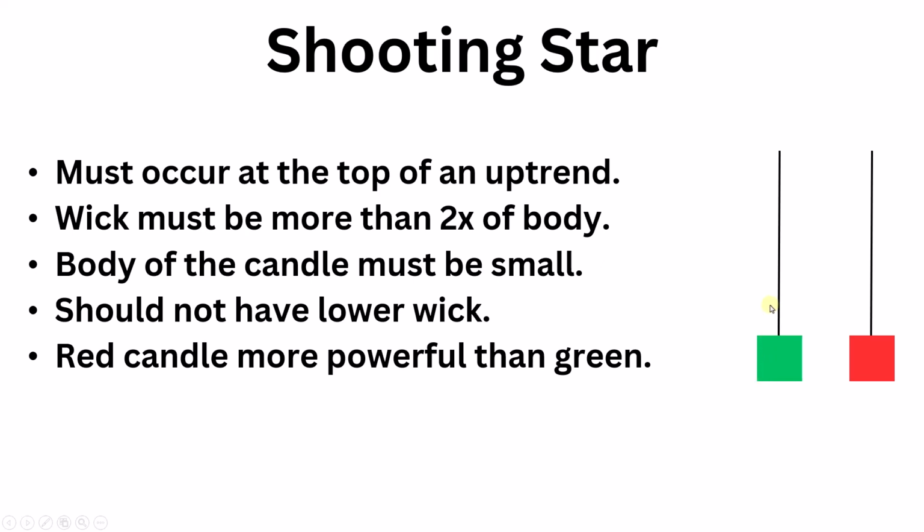They moved the price up and up till here. But when they reached this level, bears, or the sellers, were waiting, and sellers with all their strength pushed the price down and down. Okay, and by the end of the day they were able to close the price here. So this is the opening price, this is the closing price.